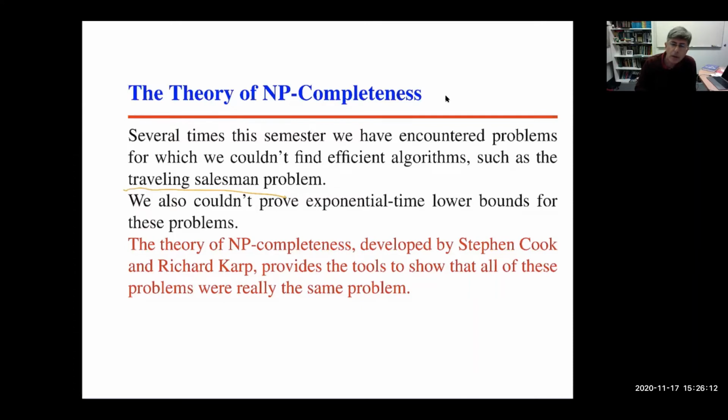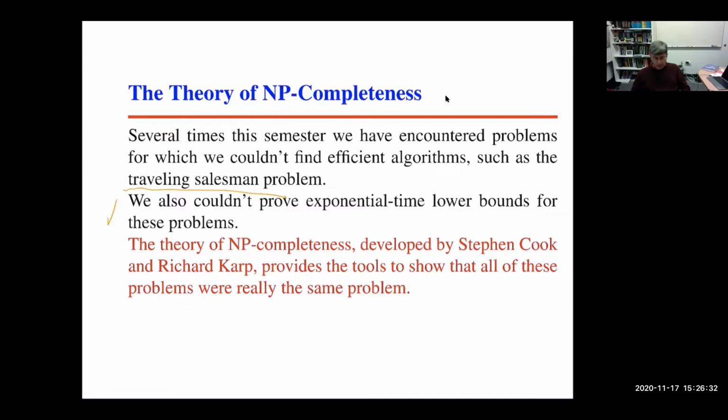So it turns out that for all these problems, no one in the world knows an efficient algorithm. And no one knows a lower bound proof quite like the one that I showed you for sorting, okay? Which is an argument that there simply can't be a fast algorithm, okay?